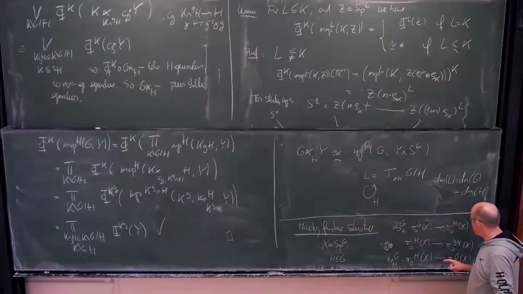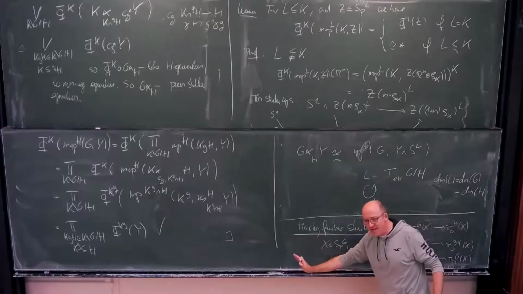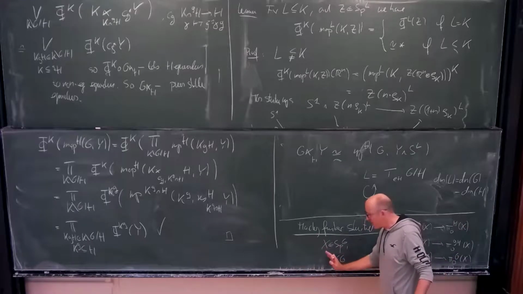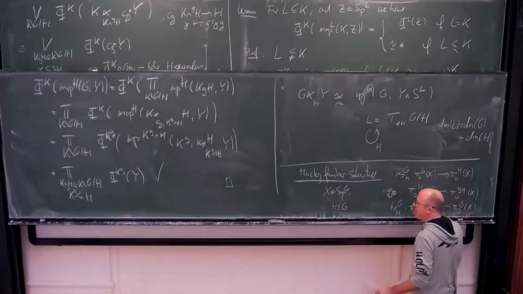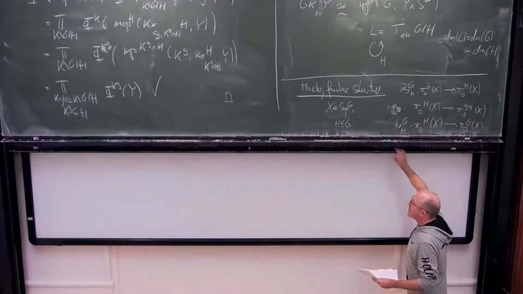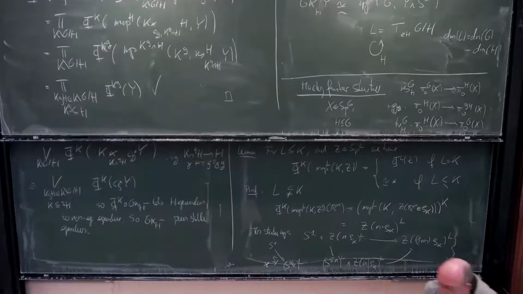And I'm going to have this a little bit more generally. I could have an H and then a K inside H, and I would have this by just restricting to an H-spectrum and doing it there. Altogether, this data will form a Mackey functor, and I want to explain a little bit where this comes from.